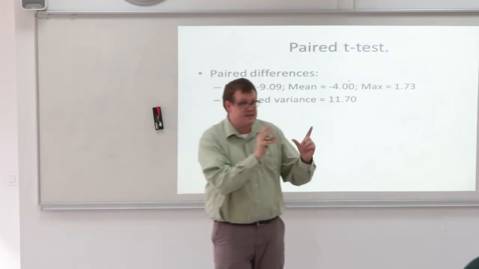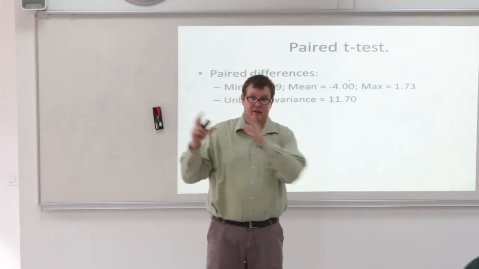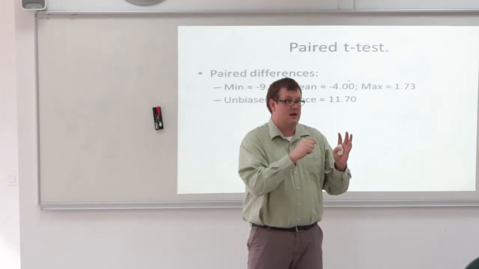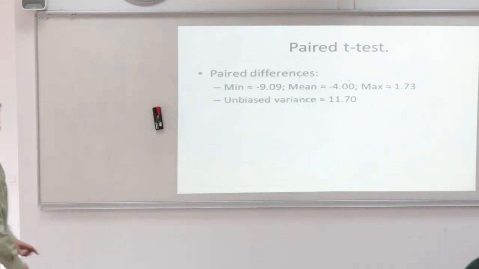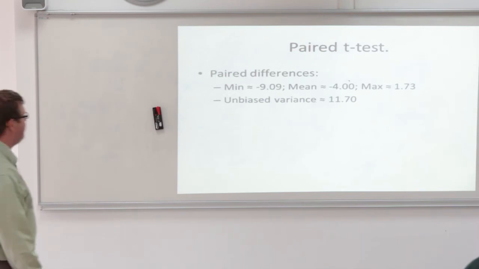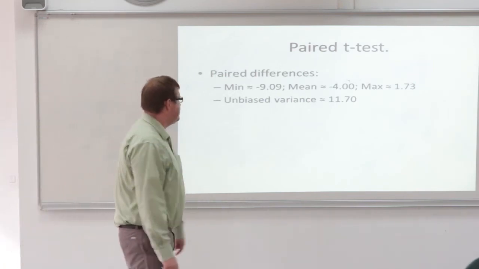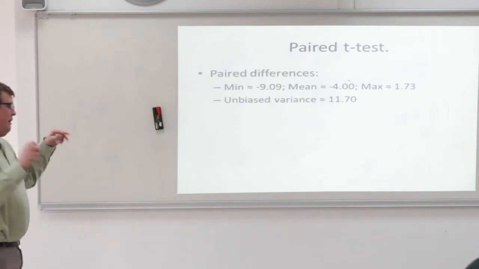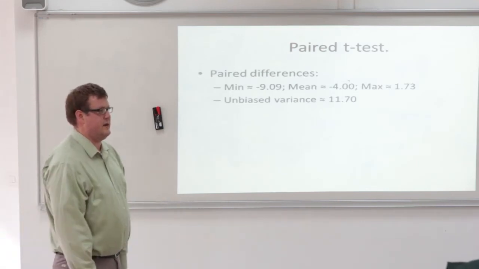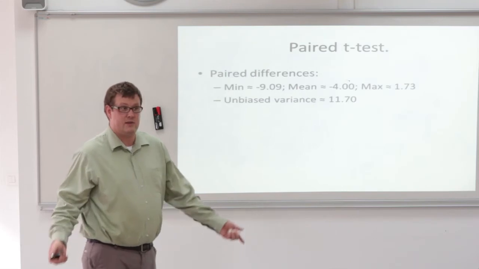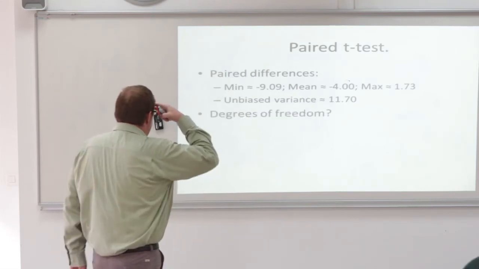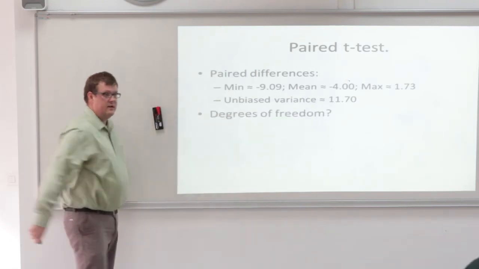And then that second sample was the first plus, on average, 4. So we see -4. The unbiased variance is 11.7, which is close to 16. It's not as close as our previous estimate was because we don't have as large of a sample size. All right, how many degrees of freedom do we have for this?